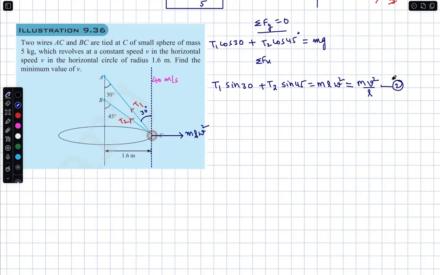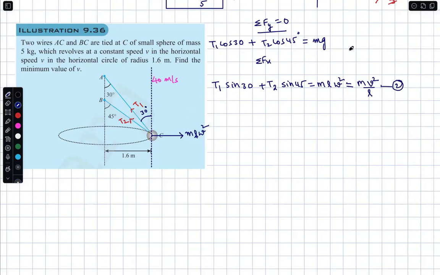You have two equations. The unknowns are T1, T2 and v. L and m are given. Three unknowns, but only two equations. Then how is it possible? With the data available, you obtain a condition for T1 or T2, as per your choice.